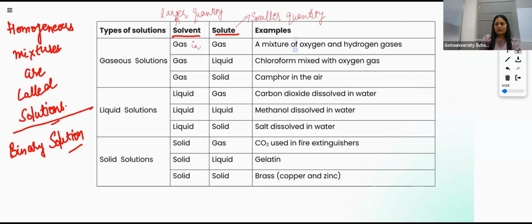The next is gas in liquid, where we are taking gas as solvent and liquid is present as solute, right? Chloroform with oxygen gas.